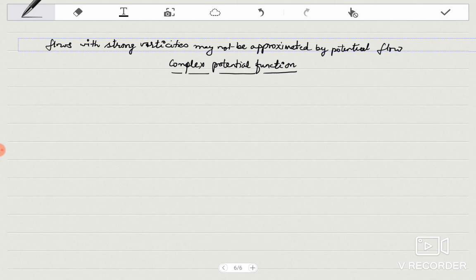So it is a part of the complex variable technique. Initially you have read the velocity potential function, and this is the complex potential function, so do not be confused between the two. Velocity potential function exists for those types of flows where the flow is irrotational.